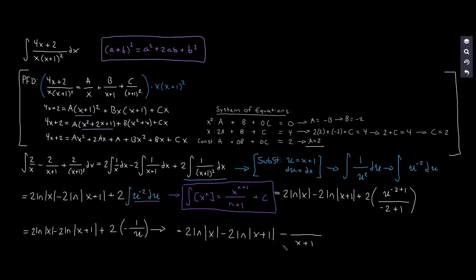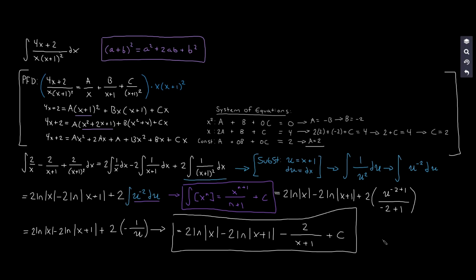And then minus 2, because that 2 is going to get multiplied to that negative 1. So it'll be negative 2 over x plus 1 plus c. And so this is going to be our answer here. That is 2 times the natural logarithm of the absolute value of x minus 2 times the natural logarithm of the absolute value of x plus 1 minus 2 over x plus 1 plus the arbitrary constant.